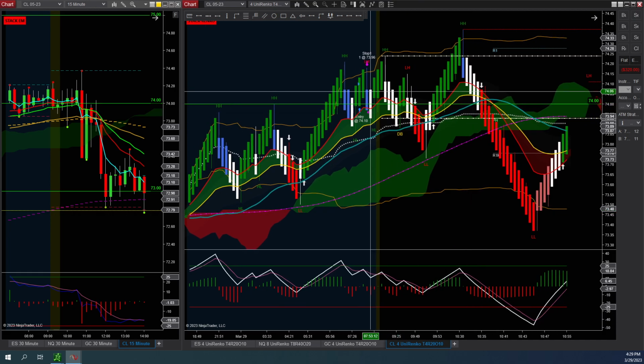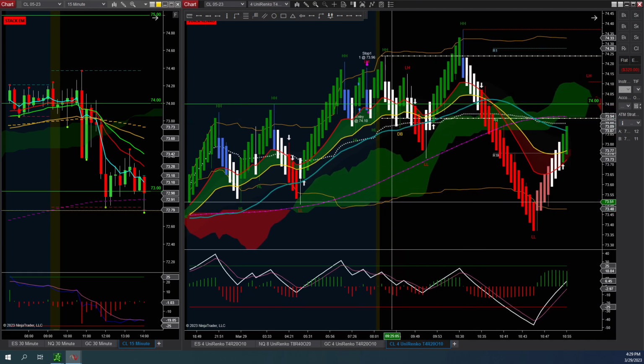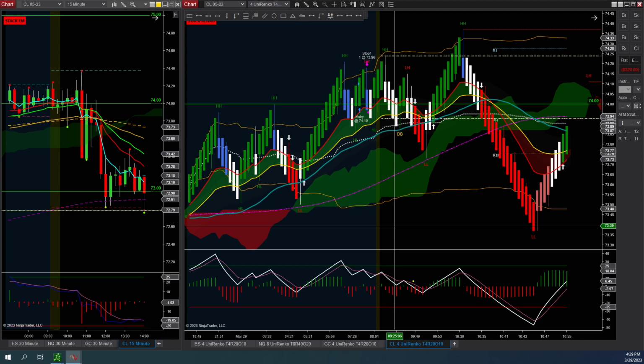Now the market started to come down. In here, I started to notice, and you can see here, that there is a line to the downside in momentum. So I was not going to take a second trade right here, which was kind of a good decision, because there was a lot of choppiness here.